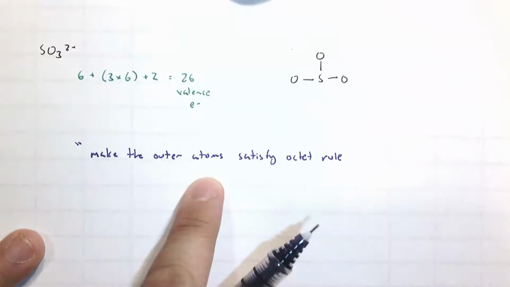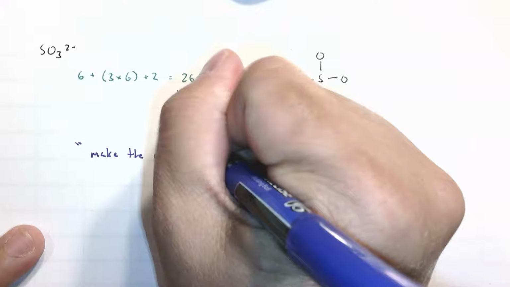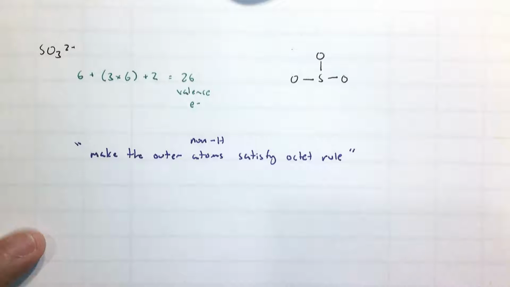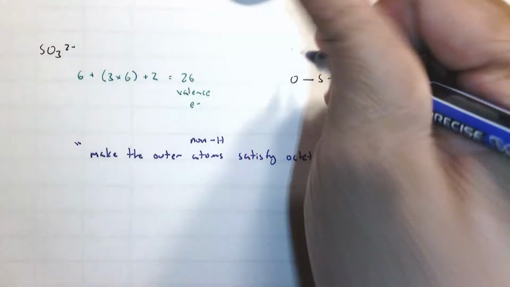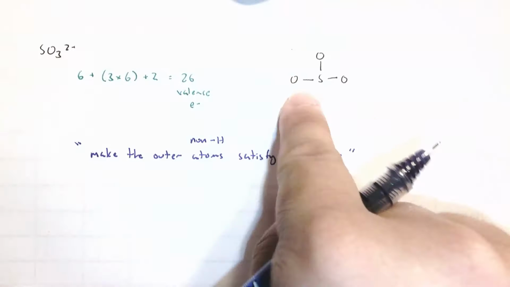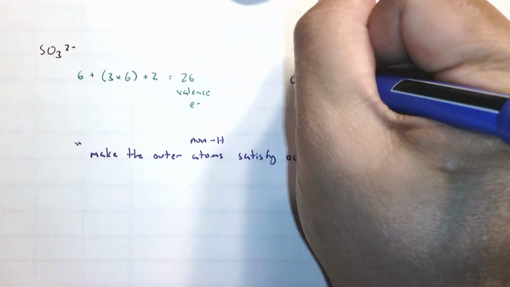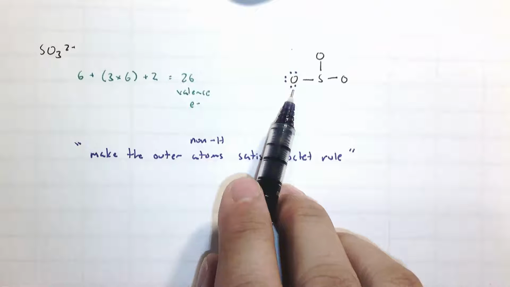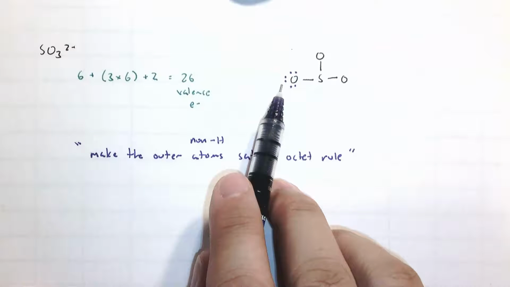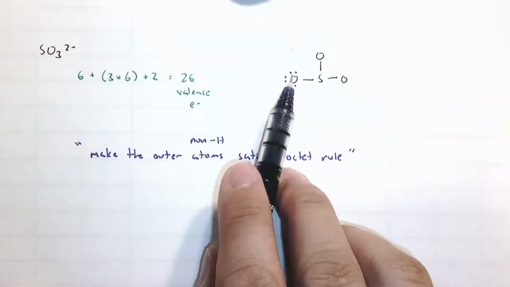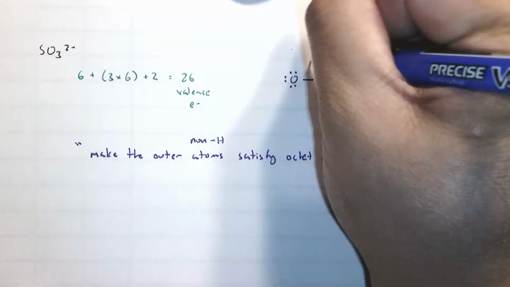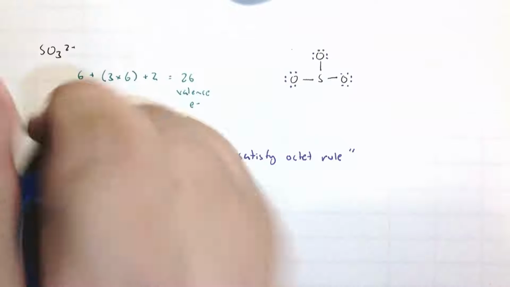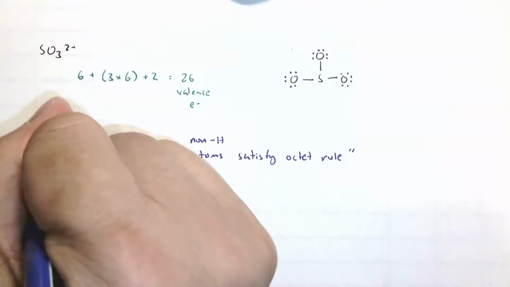And remember, these atoms are the non-hydrogen atoms. Okay, let's try that. So for this oxygen to satisfy the octet rule, it needs 3 lone pairs, right? Because now we have 1, 2, 3, 4, 5, 6, 7, 8. So let's do that for all of them. Okay, so this is step 1.